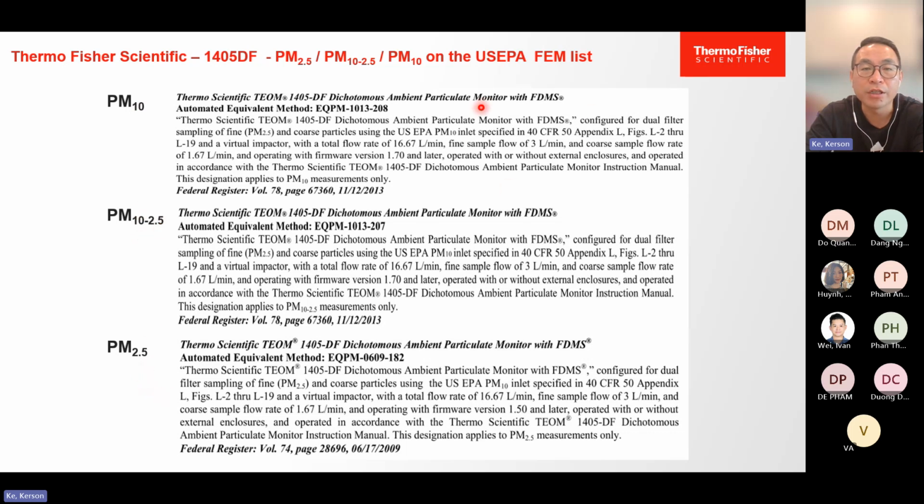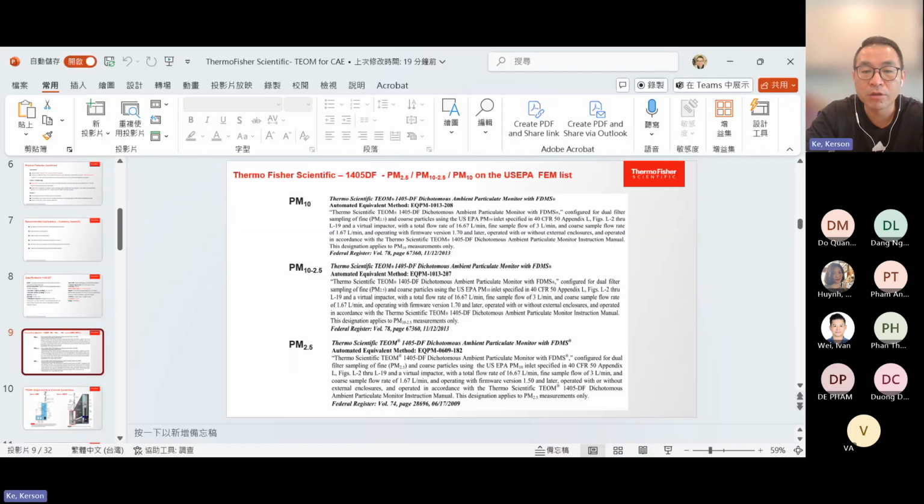So I'll share this document to you. US EPA always updates this FEM designation from time to time, once they have new vendors, new suppliers applying for this certificate. This is not only for particulate matter, but also for the gases. Okay, maybe I can share the document to you for your reference.